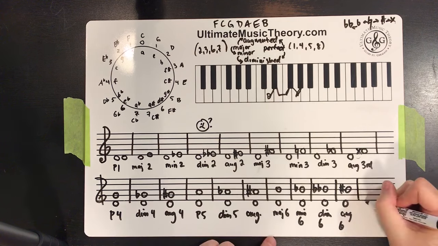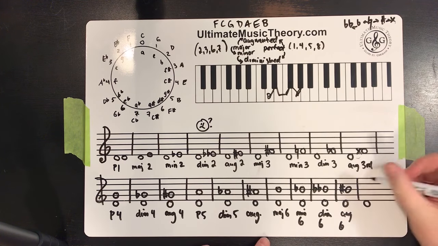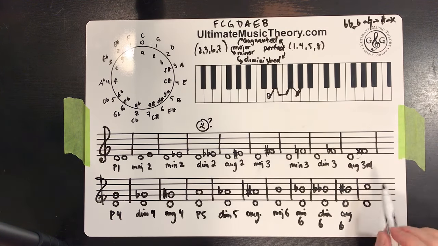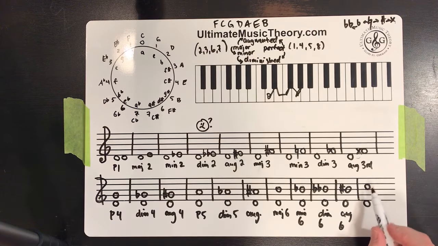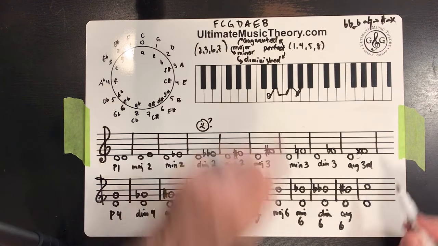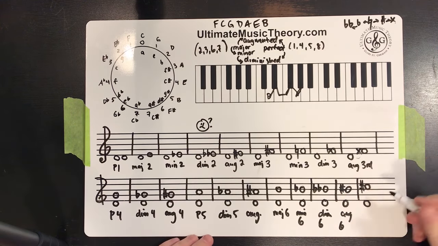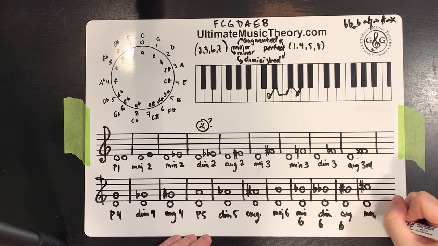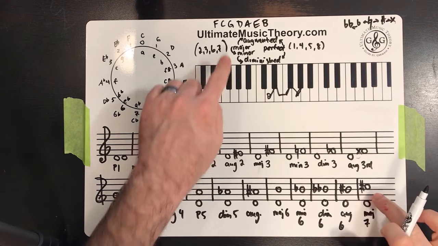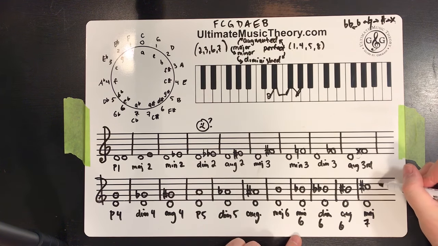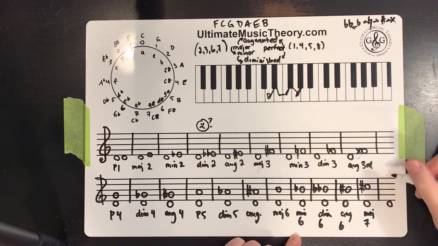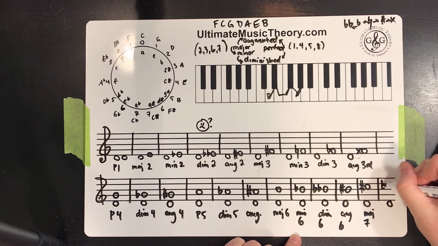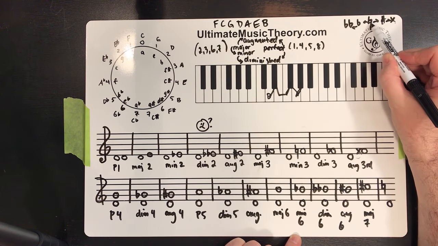So now, if we go to a seventh, it is right here. This note is a C. We're in D major. D major has 2 sharps, F and C. This note is C, so we know that in order for this to be a major seventh, we have to put in the sharp, because that's its key signature. So if that's a major seventh, for a minor seventh, we would have to lower our sharp to a natural.